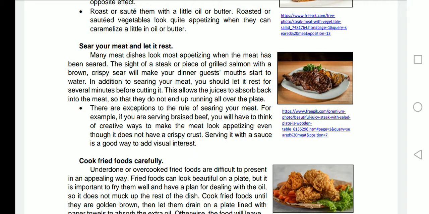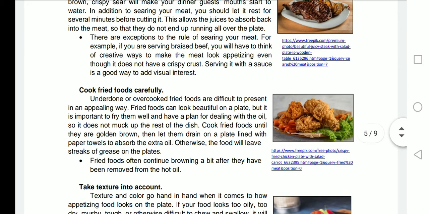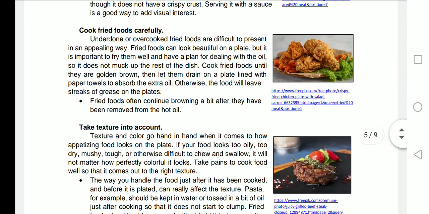In addition to searing your meat, you should let it rest for several minutes before cutting it. This allows the juices to absorb back into the meat so they do not end up running all over the plate. So do not slice the meat right away after you sear it or after you roast it.